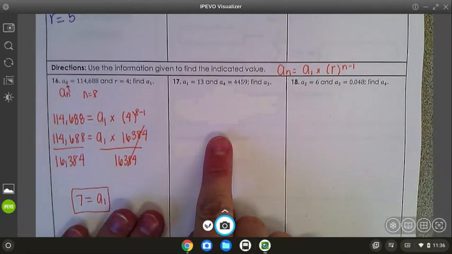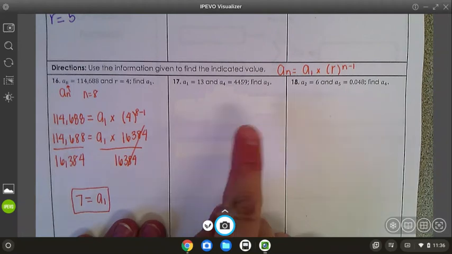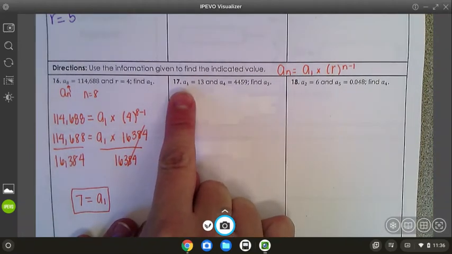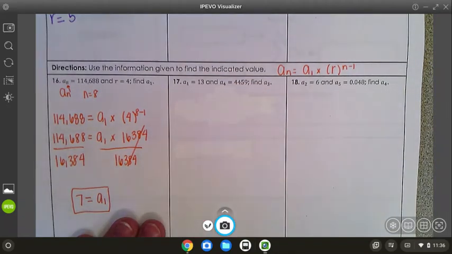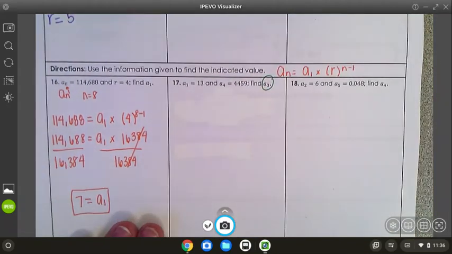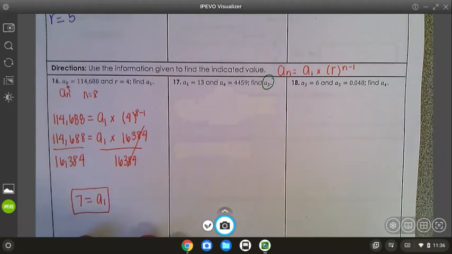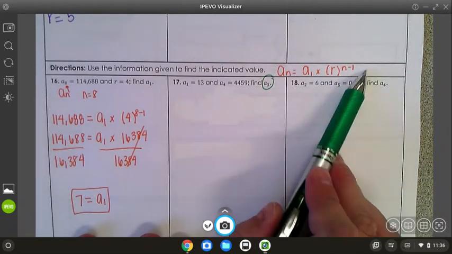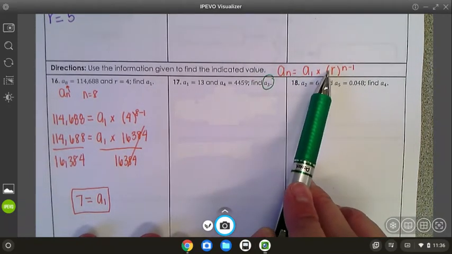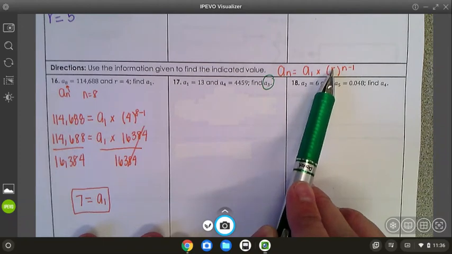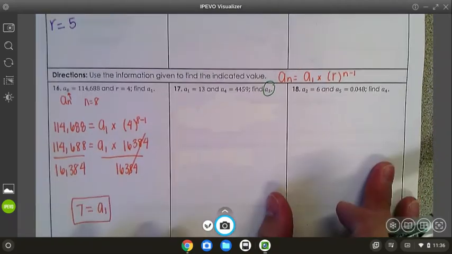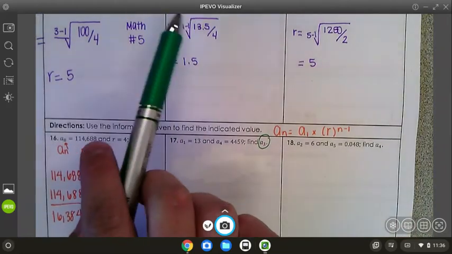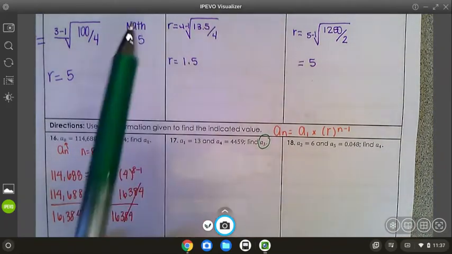All right, number 17. We've got A1. We've got a random term. We're finding A3. What we don't have in the formula that we need is the R. So let's start out by finding the R like we did up here. Okay.